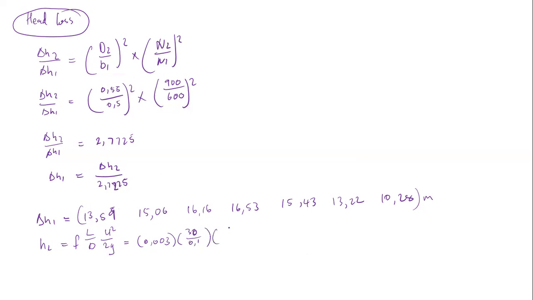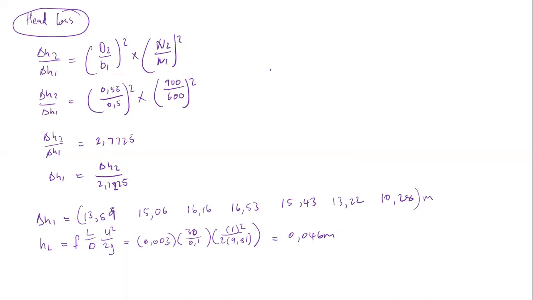Then our velocity was given to be 1 meter per second to the power of 2, and therefore we have 2 multiplied by our gravitational acceleration, 9.81 meters per second squared. When we punch this on our calculator to determine the head loss, I got 0.046 meters.